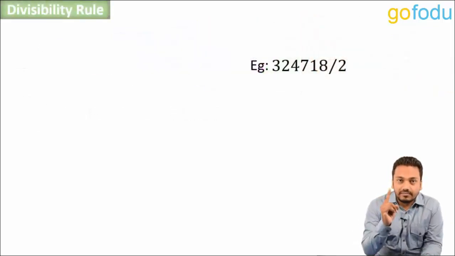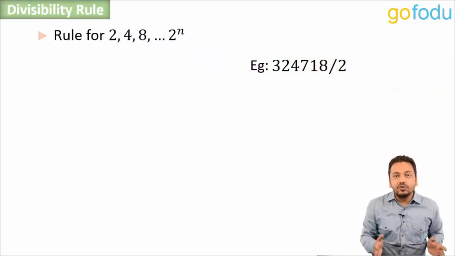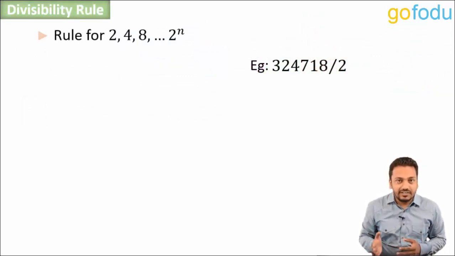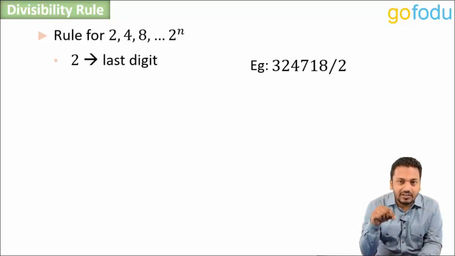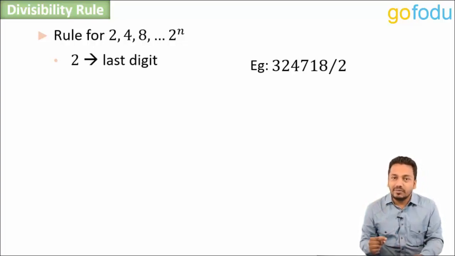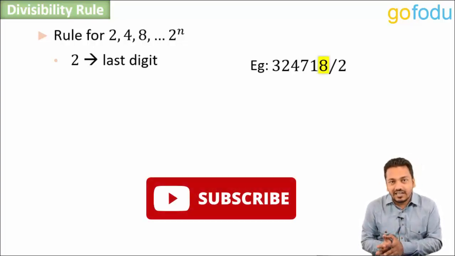Rule number 1. How to tell if a random number, let's say 324718, is divisible by 2 or not? Check the last digit. If the last digit is even, or in other words, if the last digit is divisible by 2, then the number is also divisible by 2. Here we have 8 as the last digit.